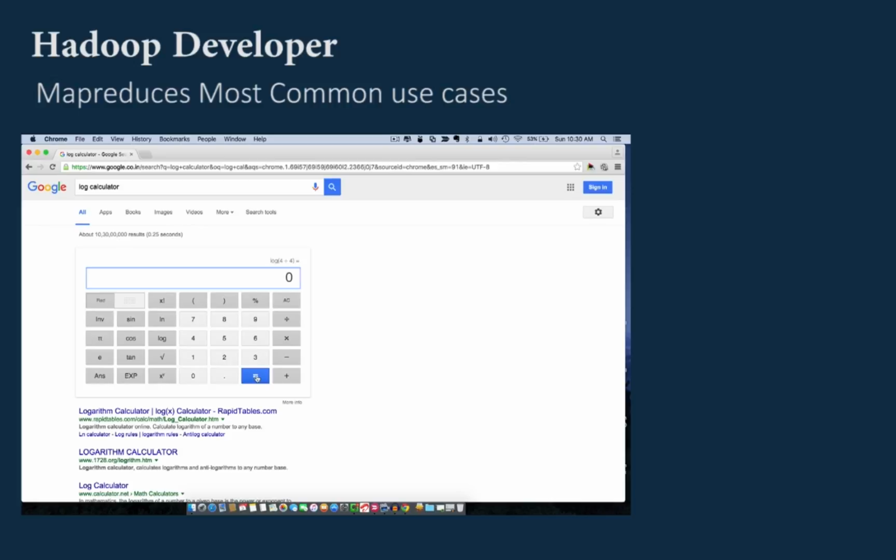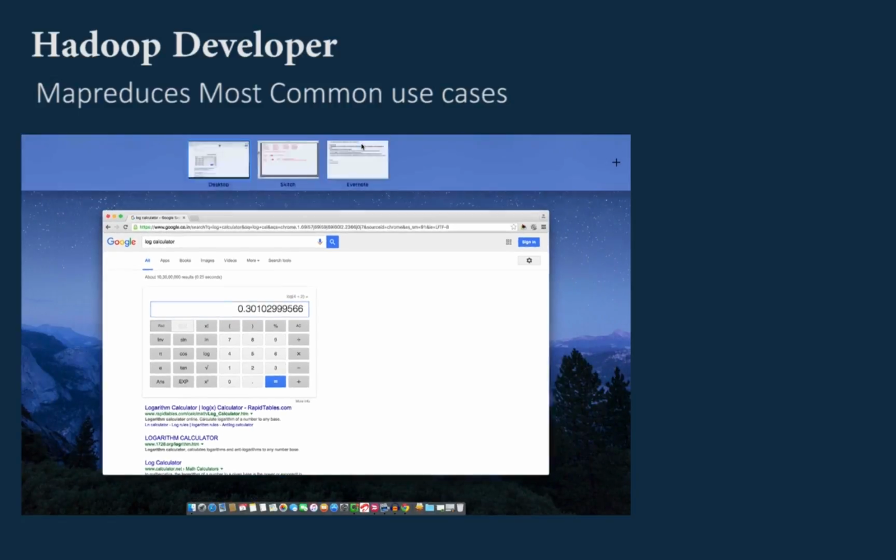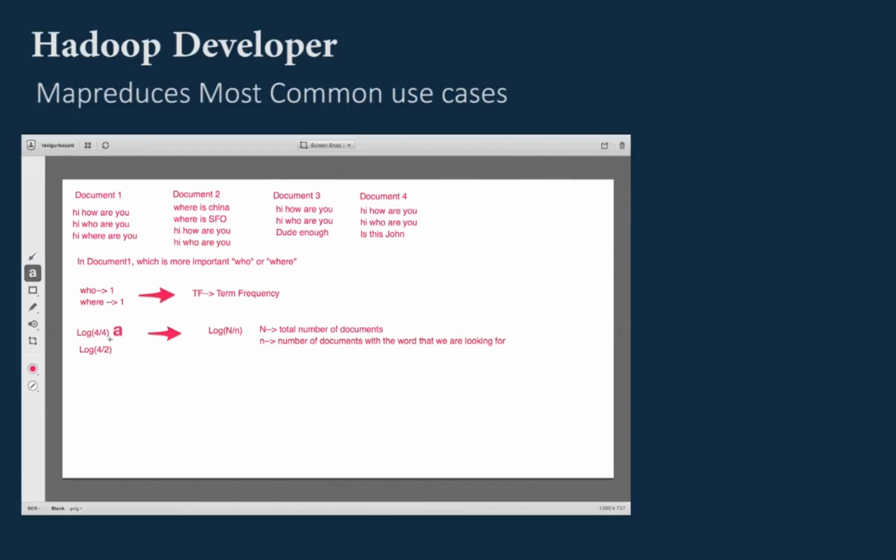Log of 4 by 4 is 0, and log of 4 by 2 is 0.3.